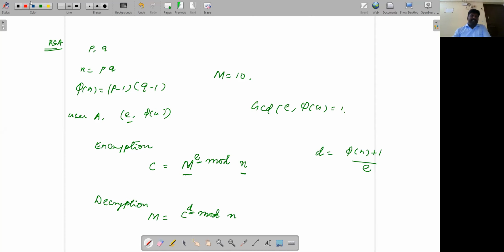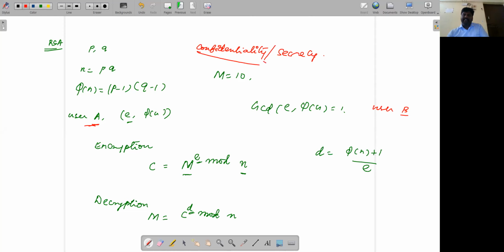Let me assume this scenario. User A is trying to send a message to user B using the RSA algorithm. This scenario achieves confidentiality. What is meant by confidentiality? Confidentiality can be called secrecy.